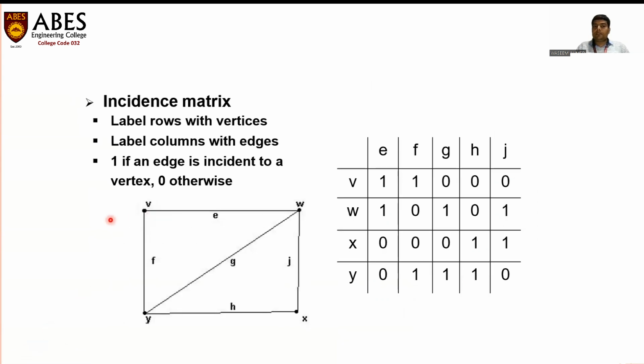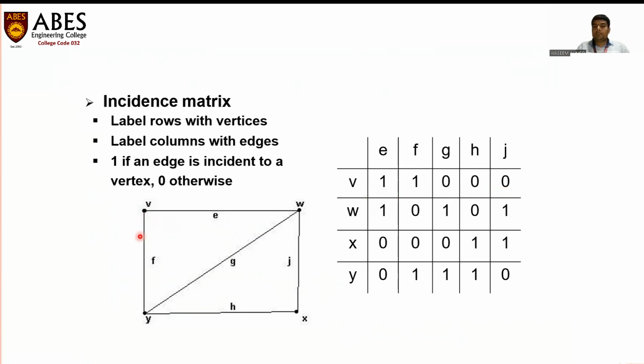Next, we have the incidence matrix. In the incidence matrix, we label rows with vertices on one side and the edges on the other side, and we check whether an edge is incident on a particular vertex or not. If the edge is incident, we put 1. If the edge is not incident, we put 0.